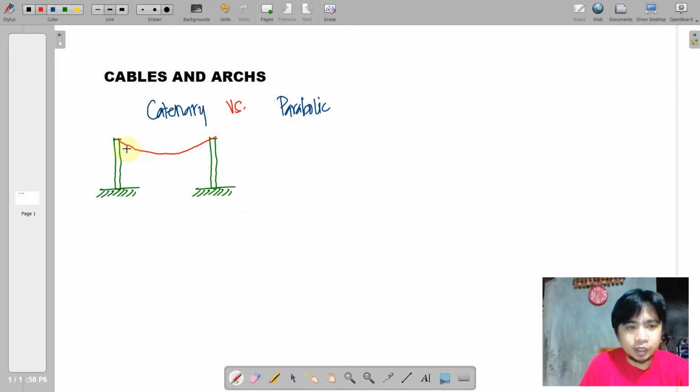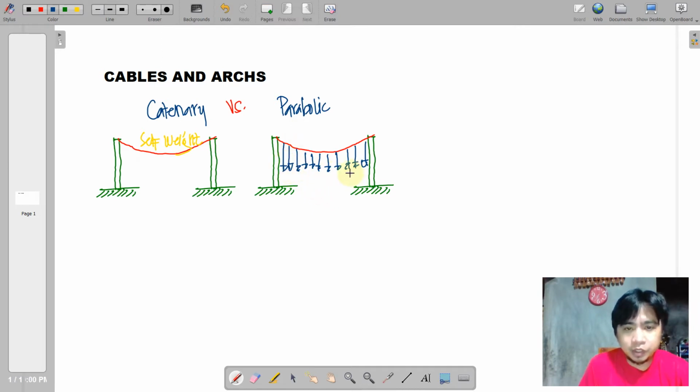If we have a hanging cable wire, the loading is only its own self weight, meaning it is free of any other external loadings. Unlike in parabolic, it must include sub cables to carry the load of the deck as well as the girders. That is the difference between catenary and parabolic cables.